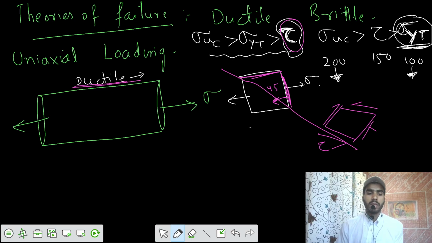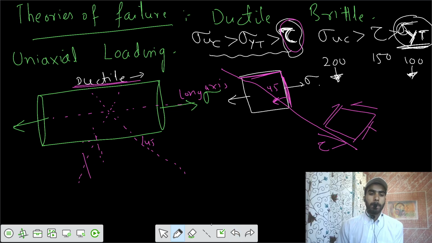The maximum shear plane is at an angle of 45 degrees from the long axis. So this is our long axis, and at an angle of 45 the material will fail. So this is our 45, and this is 135.